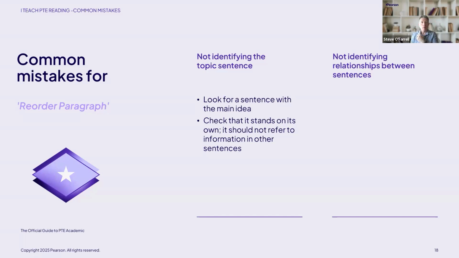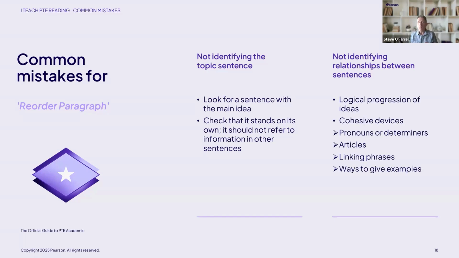And then the main skill being tested in reorder paragraphs is the ability to identify relationships between sentences, because this is where the scoring is done upon putting correct sentences together. So look for things like logical progression of ideas, or perhaps time, and cohesive devices can be very helpful. Things like pronouns and determiners.